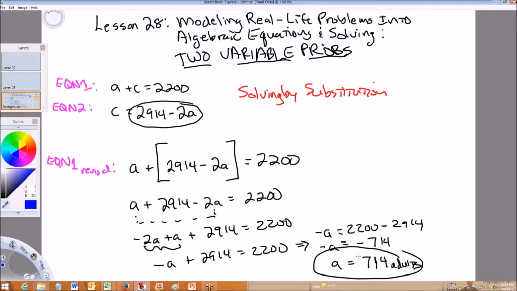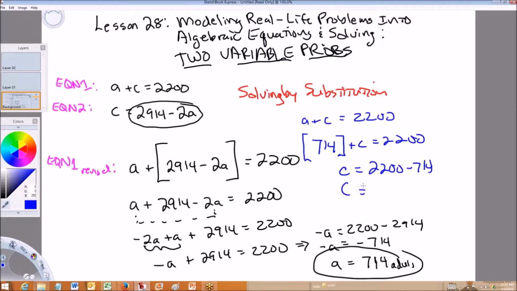Now we can plug this value into our first equation here and solve for C. So we have 1,486 children.